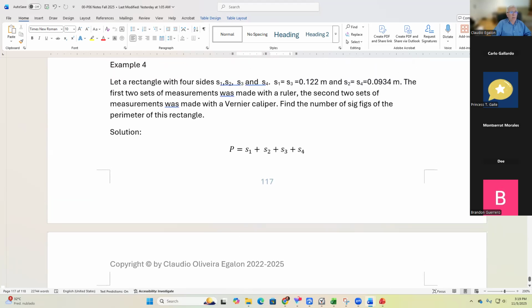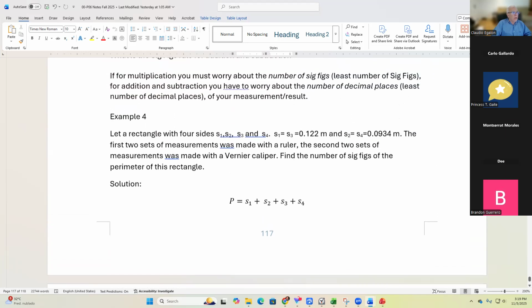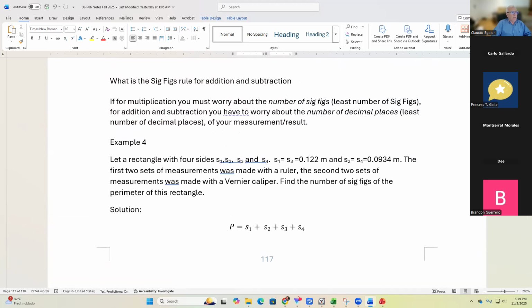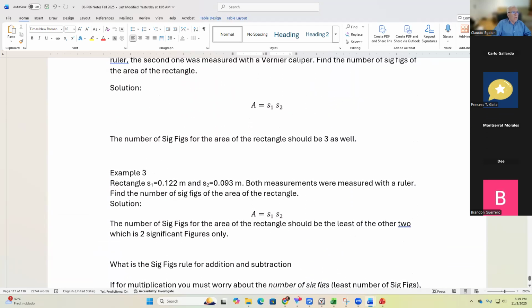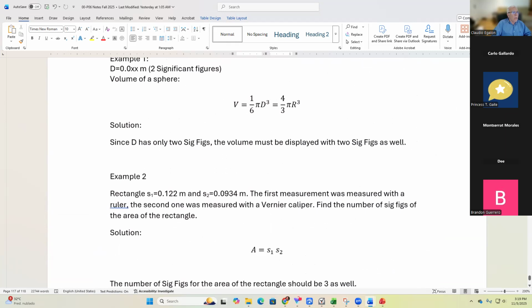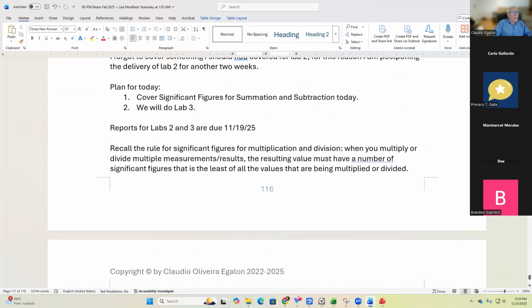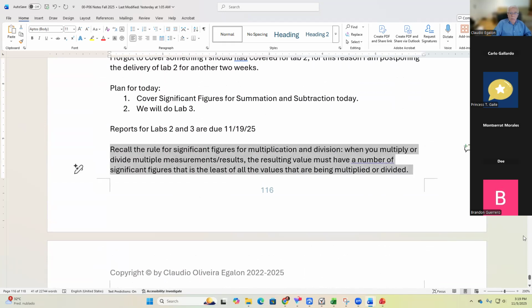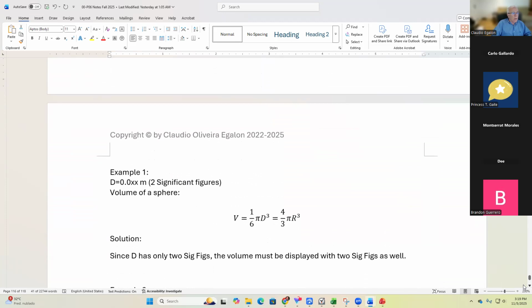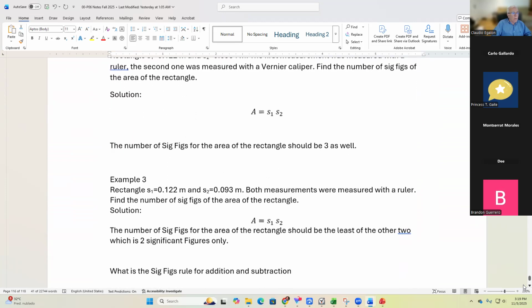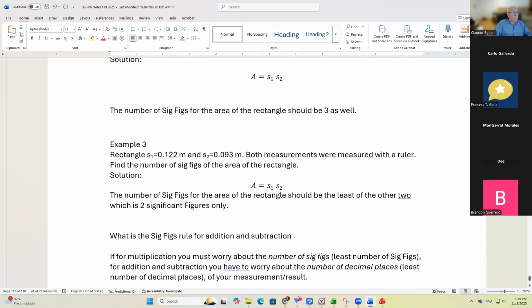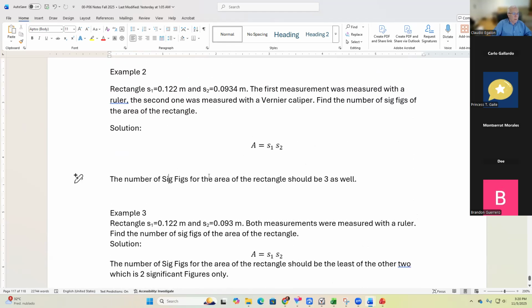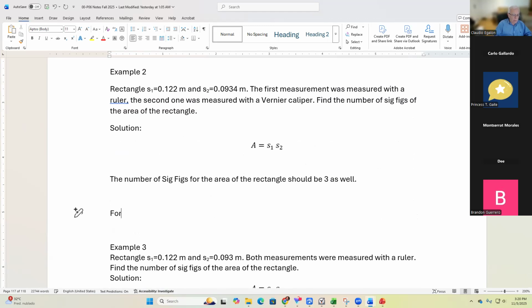First, you let the rectangle side find the number of significant figures. And now, rule for summation and subtraction.